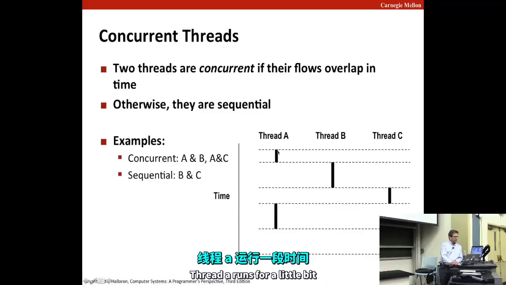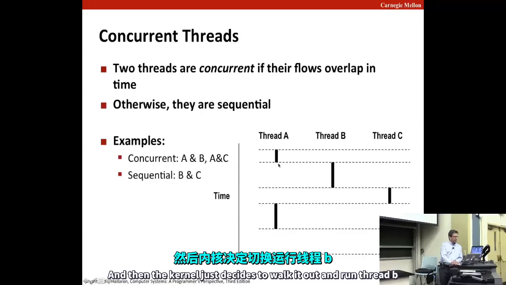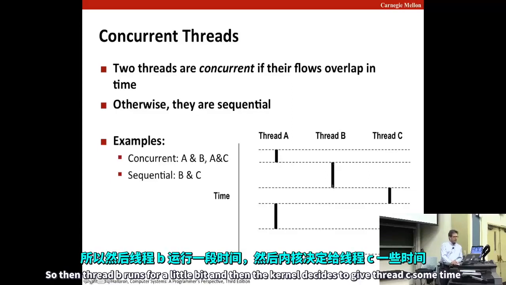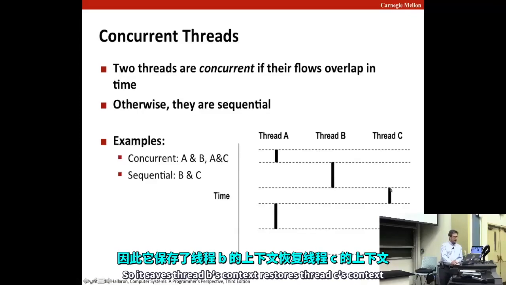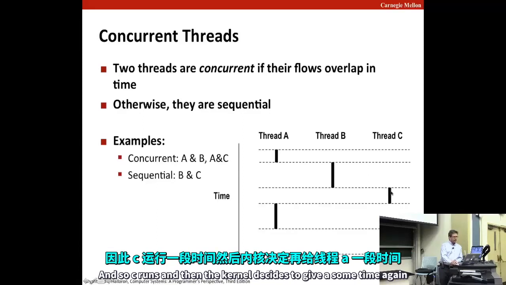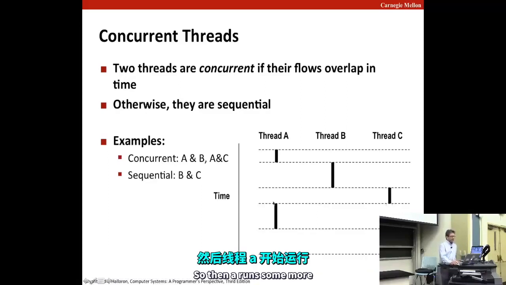Thread A runs for a little bit, and then the kernel decides to swap it out and run thread B. Then thread B runs for a little bit, and then the kernel decides to give thread C some time, so it saves thread B's context, restores thread C's context, and sets the PC to the PC value in thread C's context, and so C runs, and then the kernel decides to give A some time again, so then A runs some more.